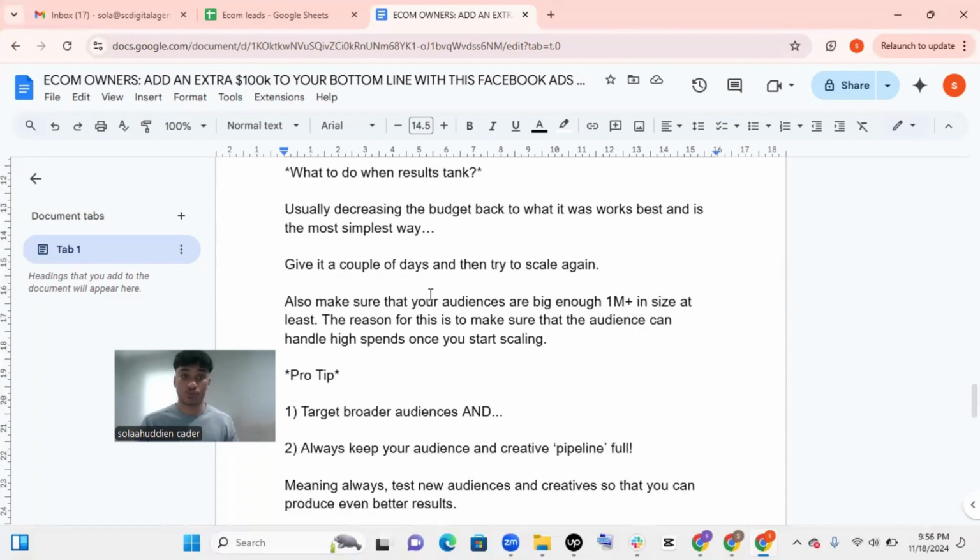Another thing to mention is that you want to make sure that your audiences are big enough. This is a challenge that we had with one of our clients in the past, where we had profitable audiences, but they were only around 200 to 500,000 people in audience size. The problem was, now that we were spending $2,000, $3,000 per day, our frequency on those ads became super high, and the results tanked.